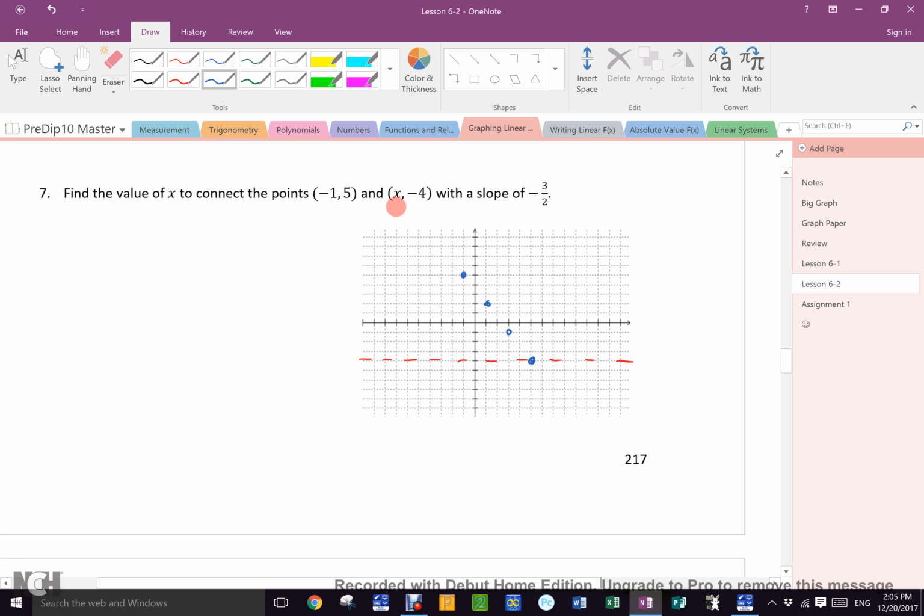What's x? 5. Can everybody do this graphically? Everyone?